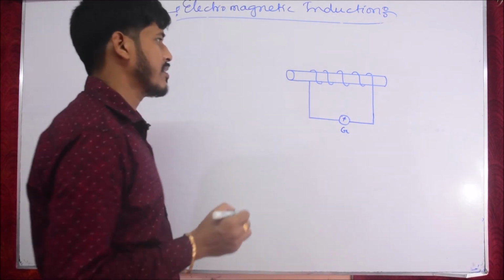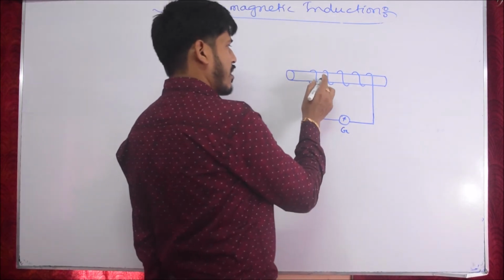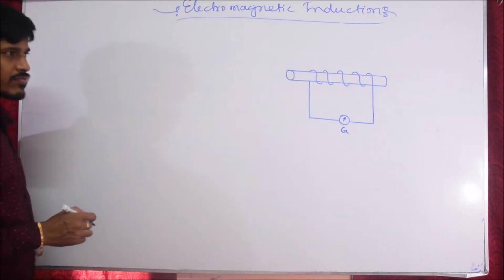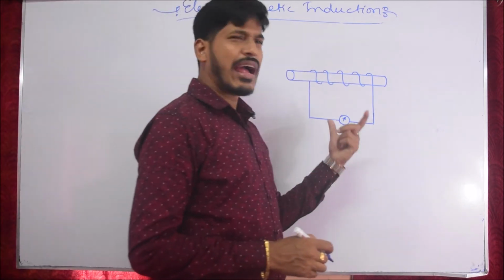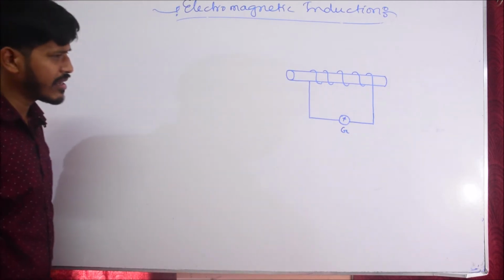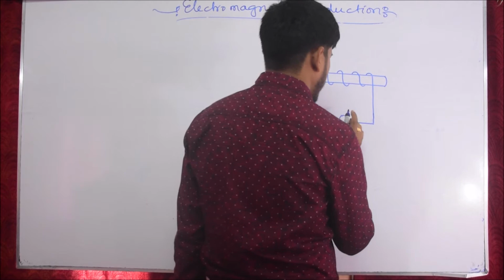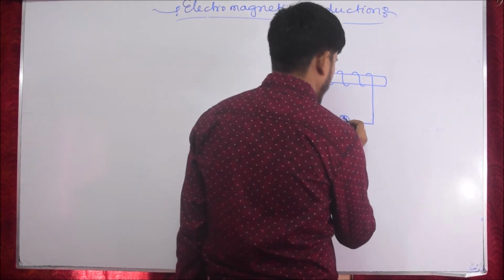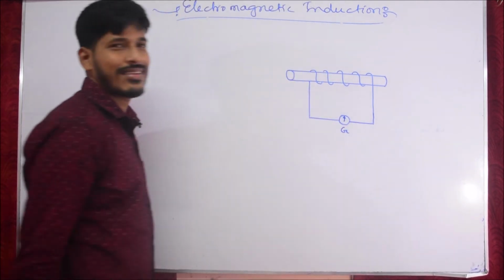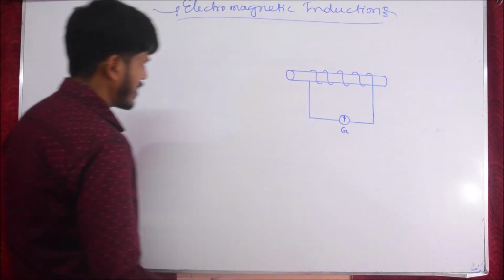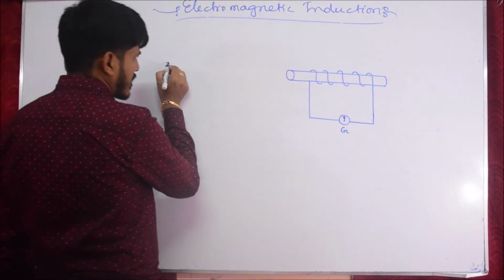A coil. So, number of turns are there, right? So, as there is no current, the galvanometer shows no deflection, right?